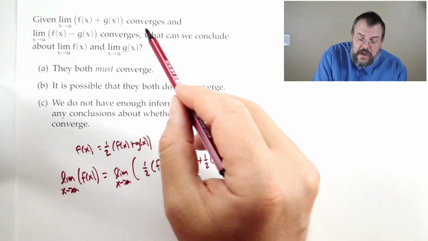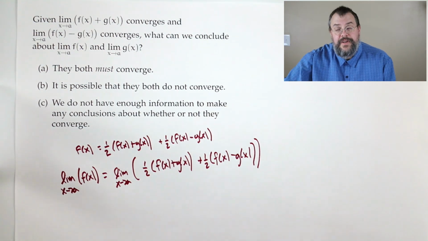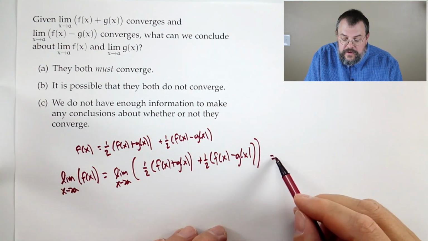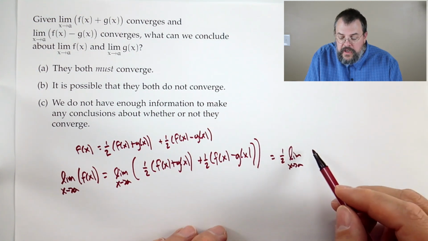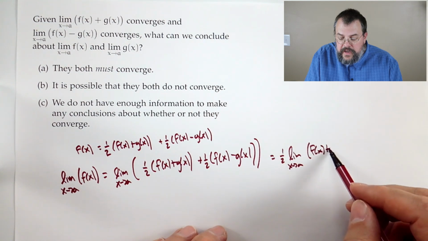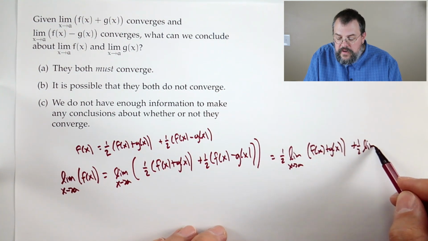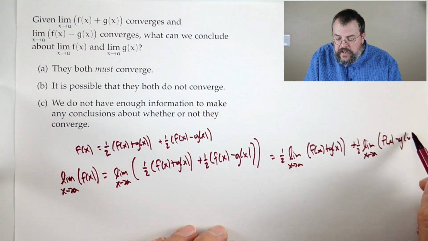When we say the word converge, it's a way of saying that the limit goes to something. In other words, it's equal to some value. So this is equal to 1/2 limit as x goes to a of f of x plus g of x plus 1/2 limit as x goes to a of f of x minus g of x.